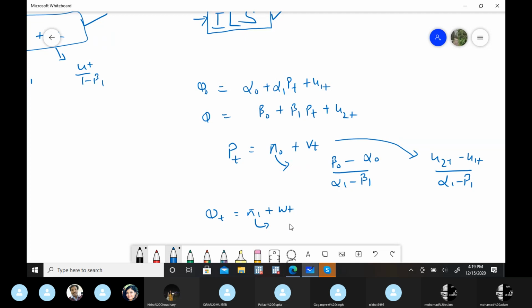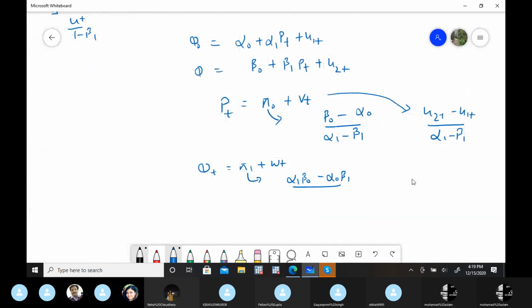In that case, this coefficient will be beta 0 minus alpha 0 beta 1 divided by alpha 1 minus beta 1, and Wt will become minus beta 1 times the residual of the first, divided by alpha 1 minus beta 1.